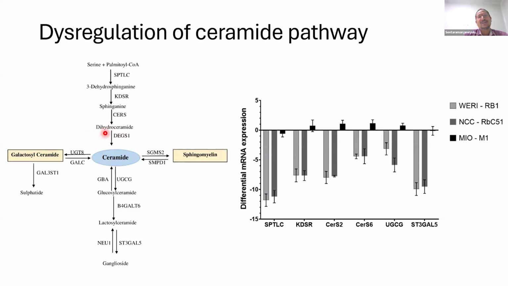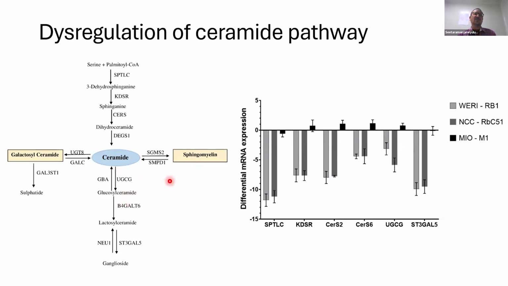The sphingosine backbone is still saturated. Upon the action of DEGS1, a double bond will be inserted and it becomes ceramide. Now, upon the action of UGCG, it will be glycosylated to form hexosyl ceramide or glucosyl ceramide.